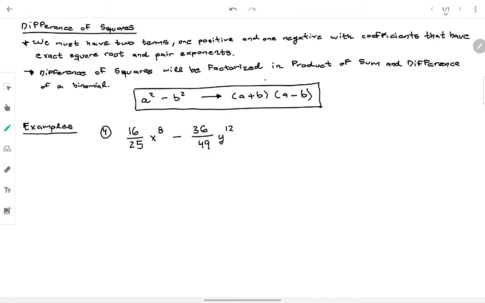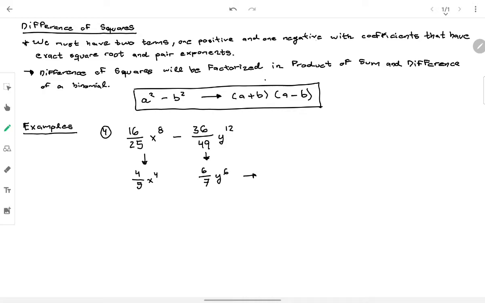So let's see, in this exercise we have fractions, but the fractions have a specific square root, so we can do it. The first term has a specific square root that is 4/5 of x to the 4. The second term also has a specific root that is going to be 6/7 of y to the 6.